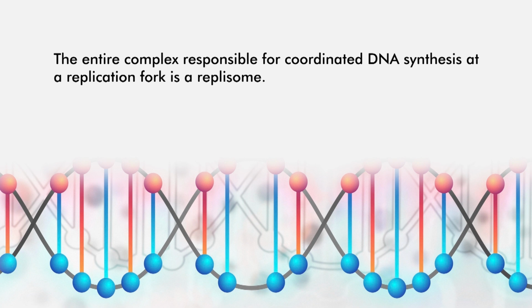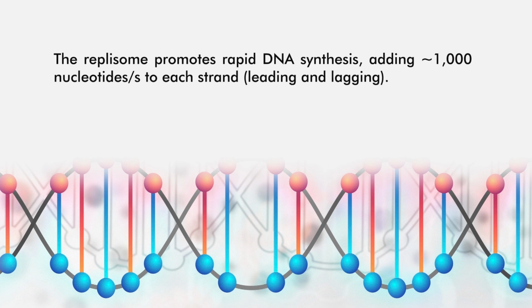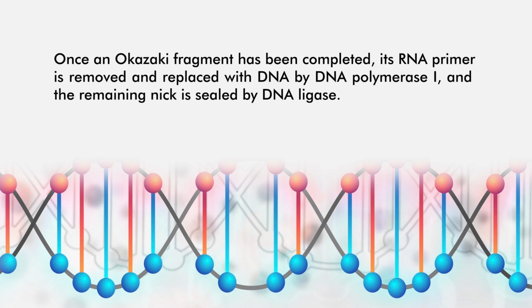Now in the next slide, the entire complex responsible for coordinated DNA synthesis at the replication fork is the replisome. The replisome promotes rapid DNA synthesis, adding 1000 nucleotides per second to each strand, that is the leading or the lagging. Once an Okazaki fragment has been completed, its RNA primer is removed and replaced by DNA polymerase I, and the remaining nick is sealed by DNA ligase.